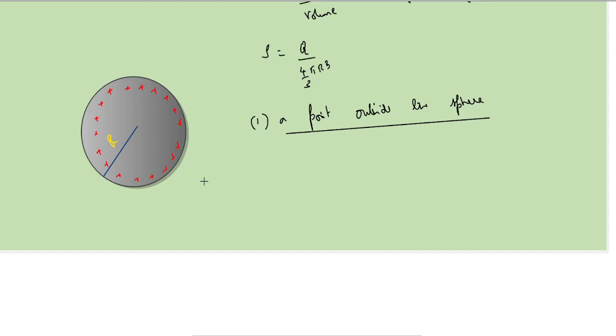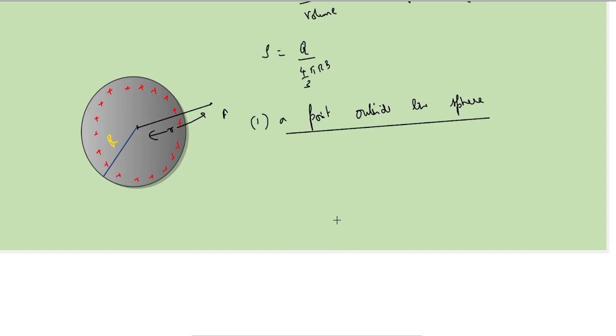Let that point be somewhere here, say a point A, such that the distance from the center to the point A is some r. So r here is a variable. The distance from here to here would be r. We need to find the electric field at this point A.